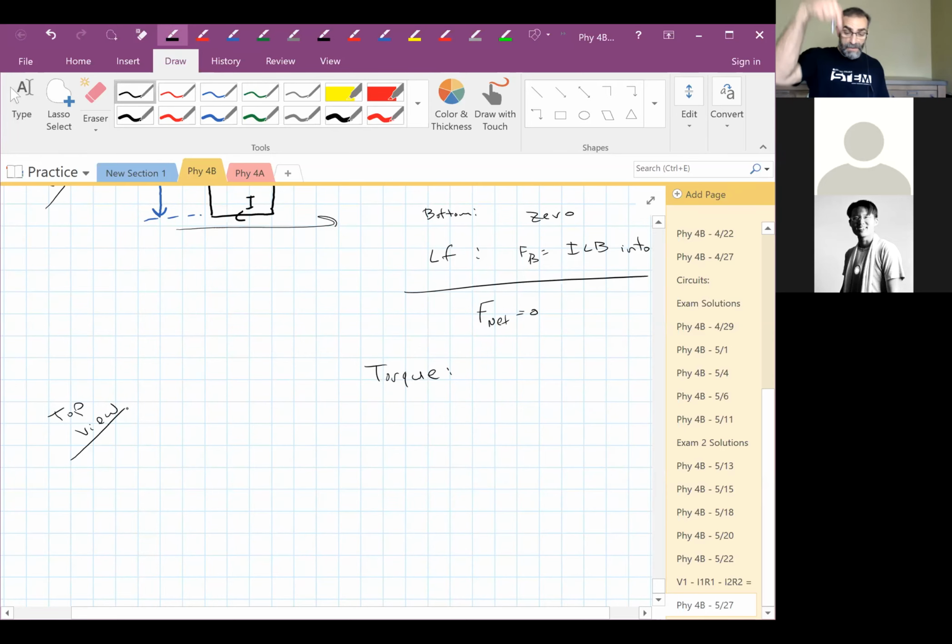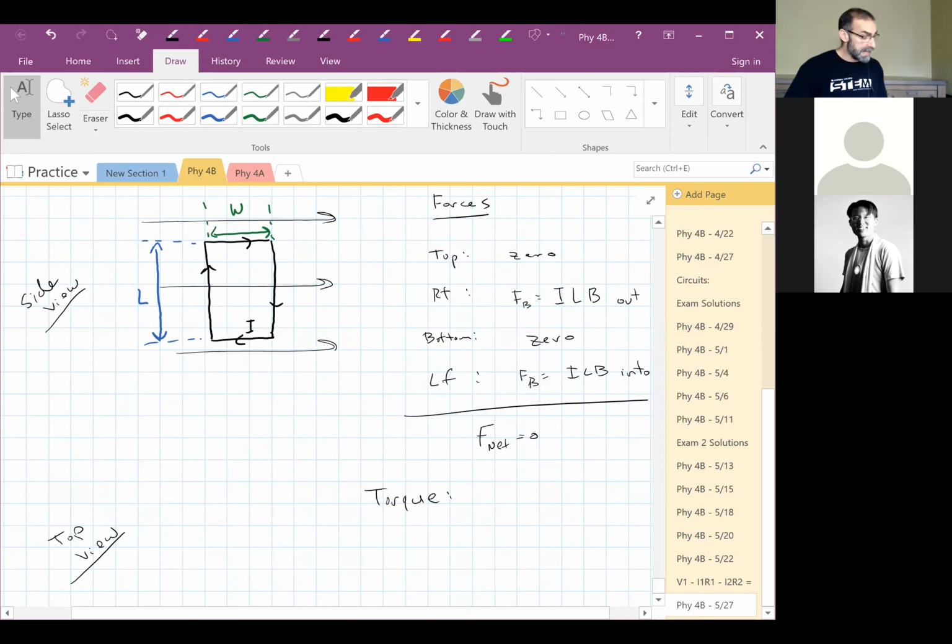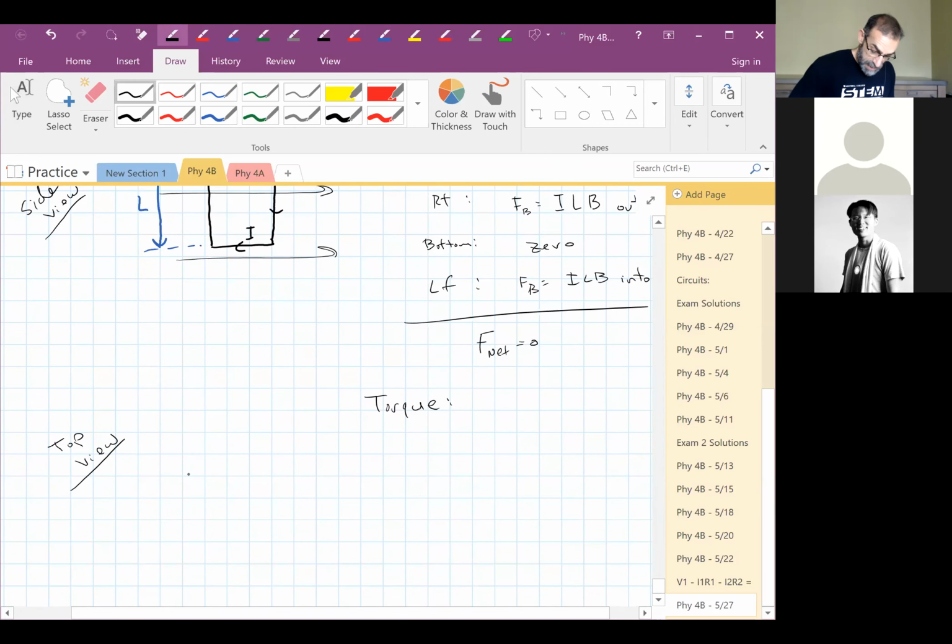So looking down, put your eye at the top of the page, looking down, you see the same magnetic field, but you're looking down on that loop, and now it just looks like a rod. And on the left-hand side, what's the current doing? Coming toward you. And on the right-hand side, it's going away from you.